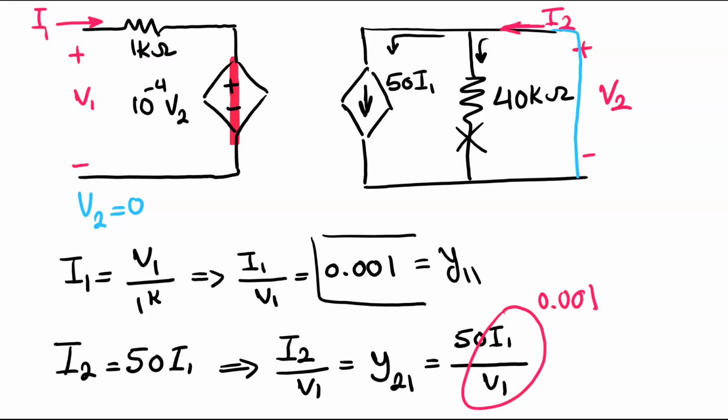Multiplying that by 50, I'm going to have 0.05. So up to here, when V2 is equal to 0, I have y11 as 0.001 and y21 as 0.05.